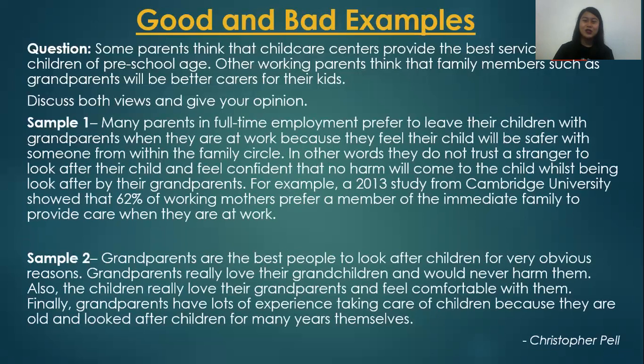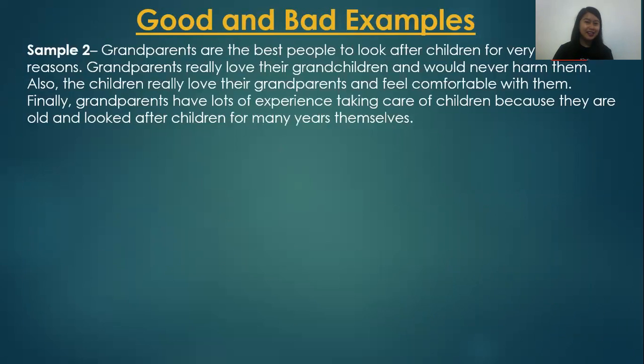All right. So which one do you think is a good one and which one's the bad one? Well, obviously, the second one is the bad example. And what makes this body paragraph a bad one? Well, there are 3 reasons.